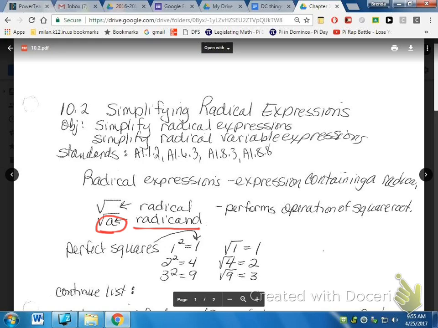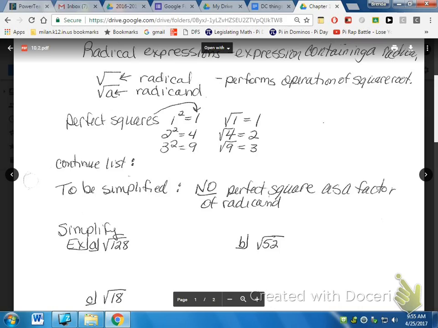Square rooting is saying what value multiplied by itself would give me this radicand amount. So we're looking at lists of perfect squares to kind of get this started. So 1 squared is 1.